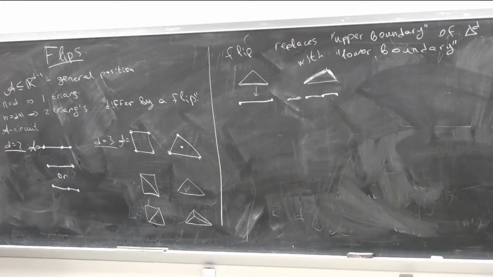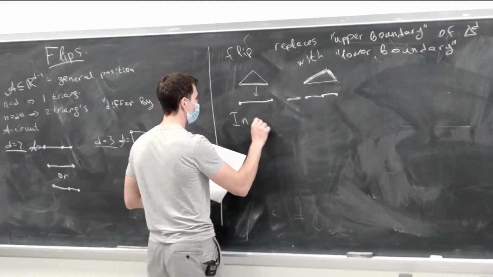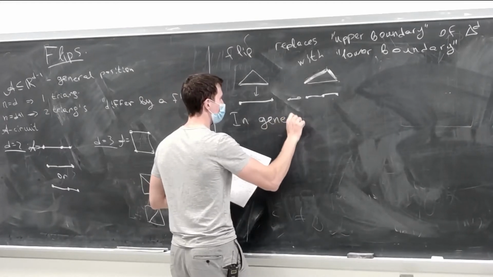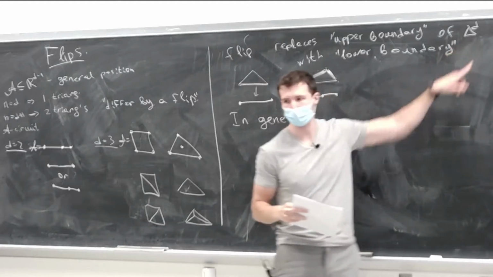Of a simplex. Yeah, in general, no. Right. So I think that's a good point. So in general, how many facets does a simplex like this have?